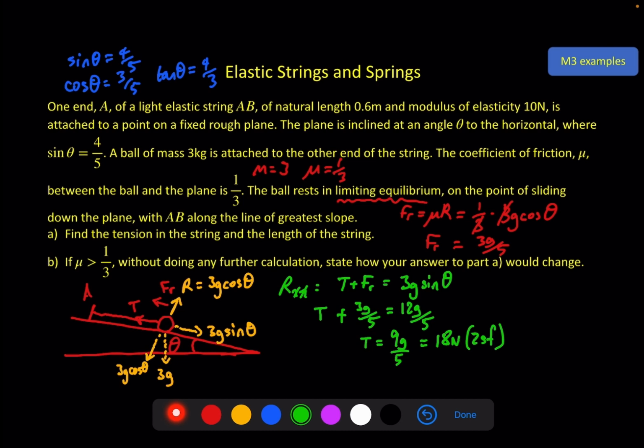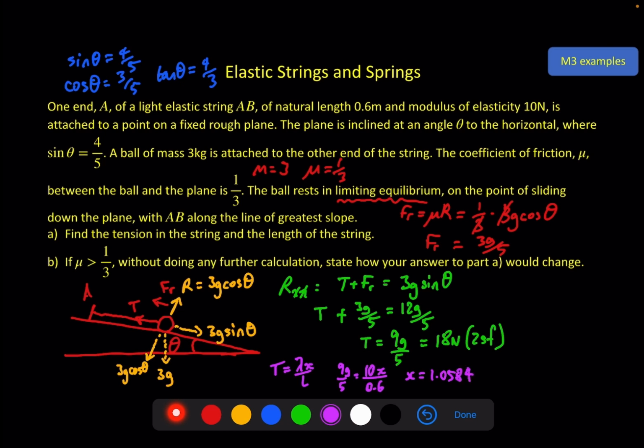We also need to know the length of the string, though, so I'm going to also combine this known T in Hooke's law with lambda x over L. So that gives us 9g over 5 must equal lambda 10 times x over L 0.6. Solving that for x, and g is equal to 9.8 gives us x is equal to 1.0584.